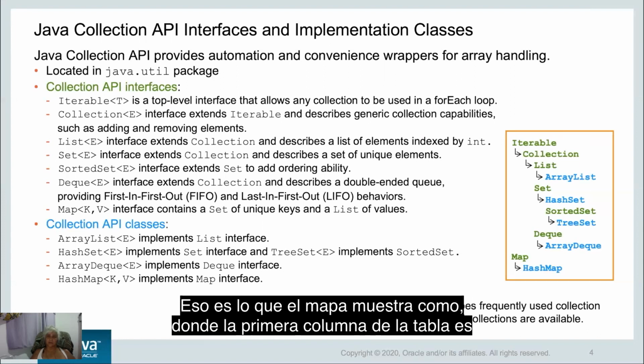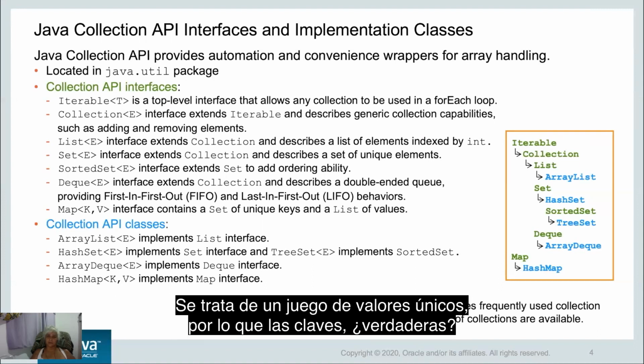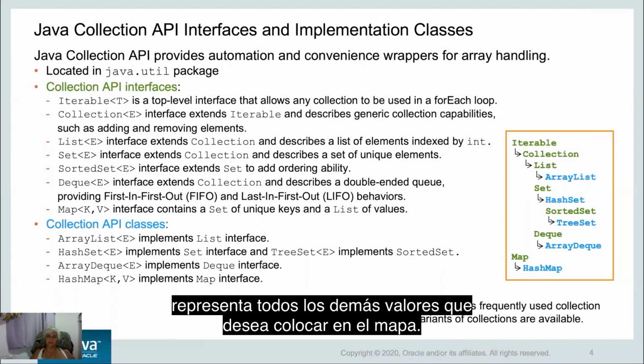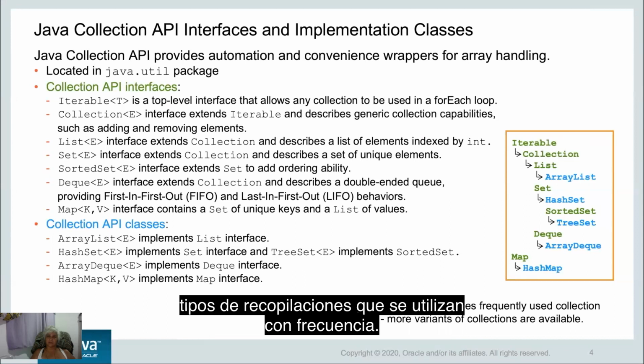The first column in that table is basically a set of unique values, so keys, right? And the second column in a map is a type of list, which just represents any other values you want to put into the map. So that's a high-level overview of the collection API, frequently used types of collections.